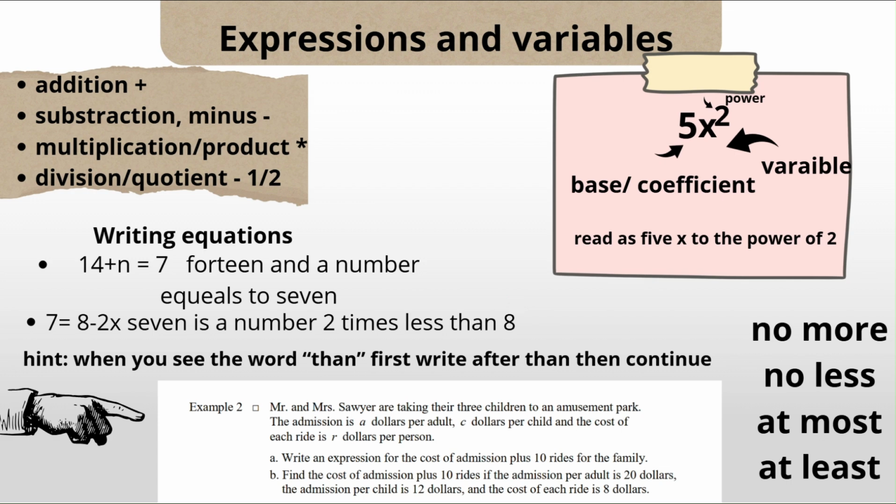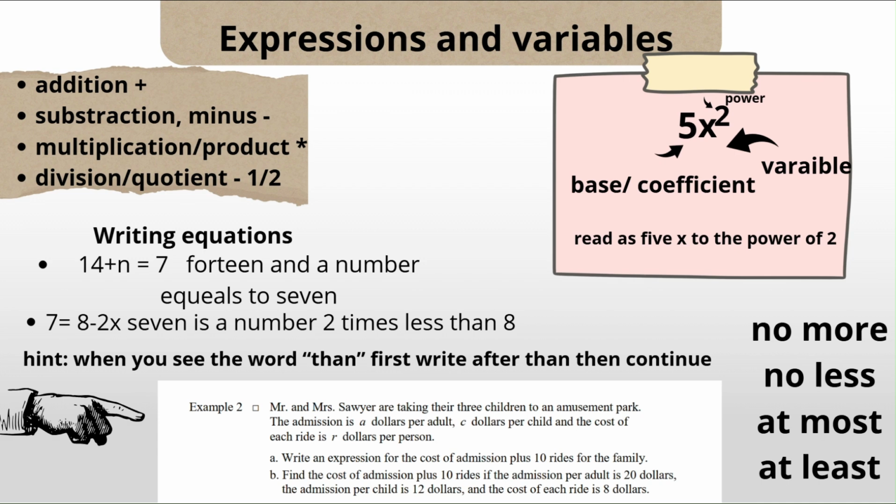We have different callings or words to call certain numbers. So for example, you may also know this. This is the base, this is a coefficient, and the whole thing, I mean everything included here, is the term. And this 2 is called power. Any small number above a number is called power.